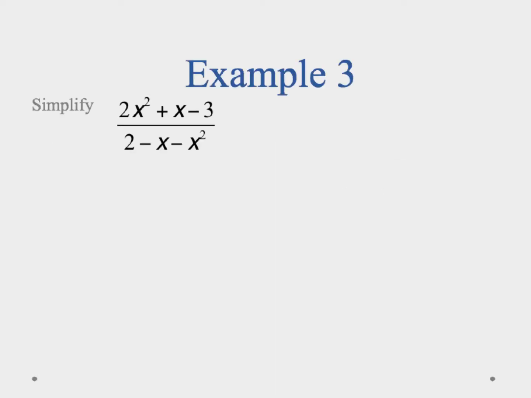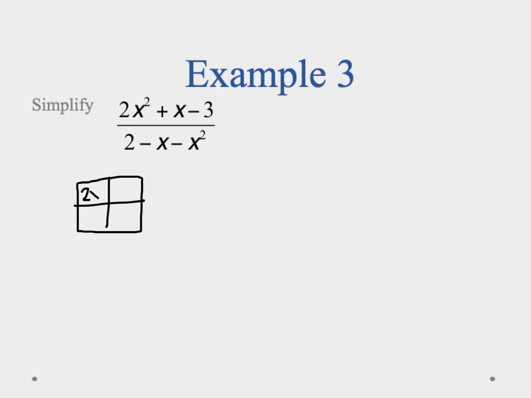Example 3. Simplify 2x squared plus x minus 3 divided by 2 minus x squared. Okay, so first I'm going to factor the top. I'm actually going to use the box method to factor.